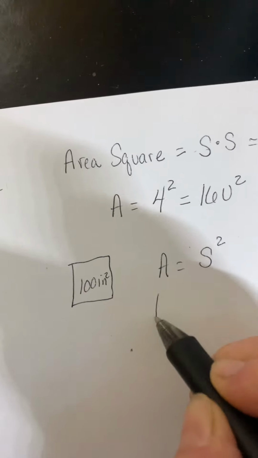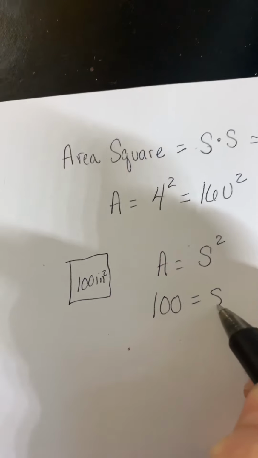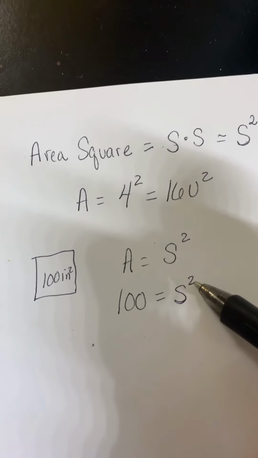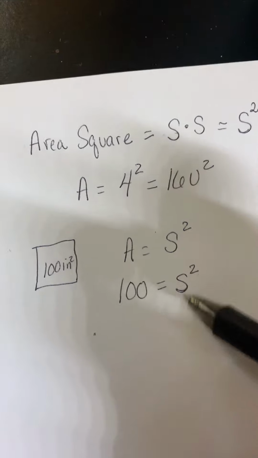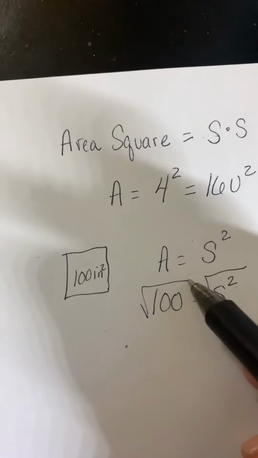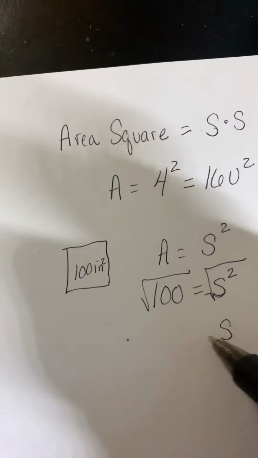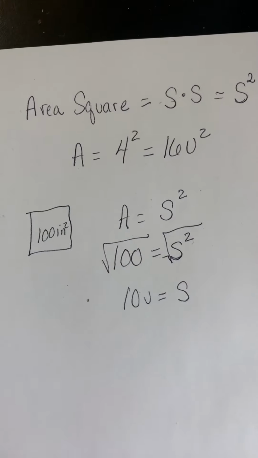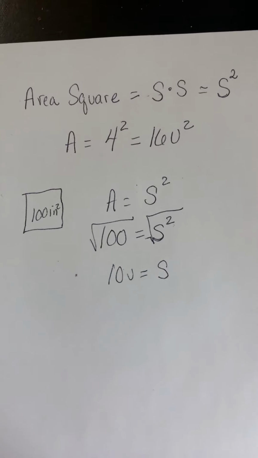So if I know that the area is equal to 100, the only way to get rid of a square is to square root it. So I'm going to square root both sides of this to find out that the side is equal to 10 units. Okay, so look at how I did that problem.